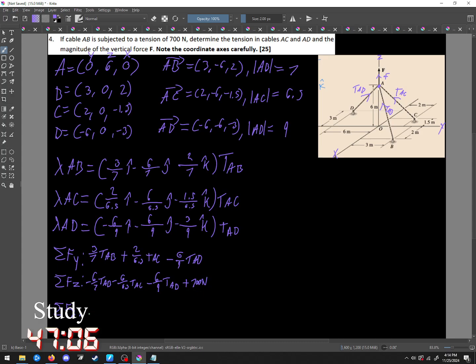And for x, negative 6/9. Whoa. It's just going to be a 2 over 7 T_AB minus 1.5 over 6.5 T_AC minus 3 over 9 T_AD.